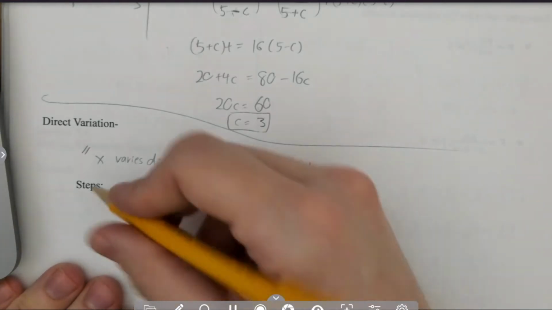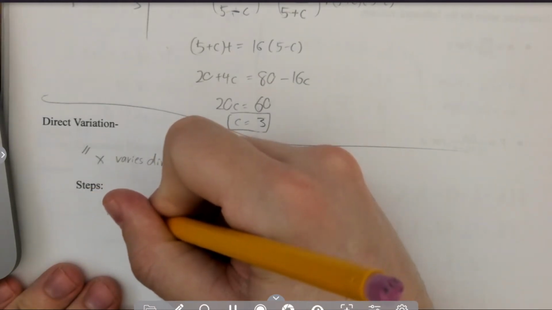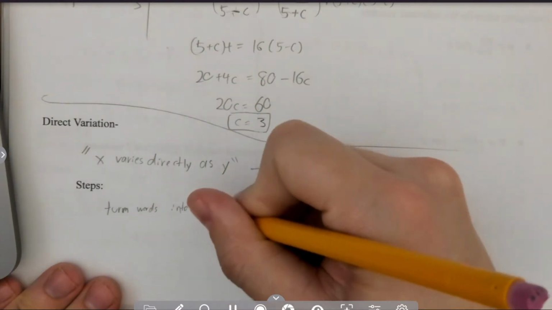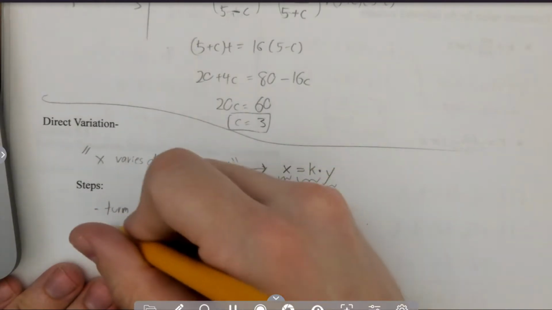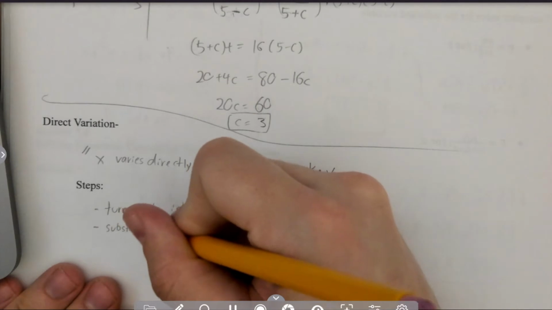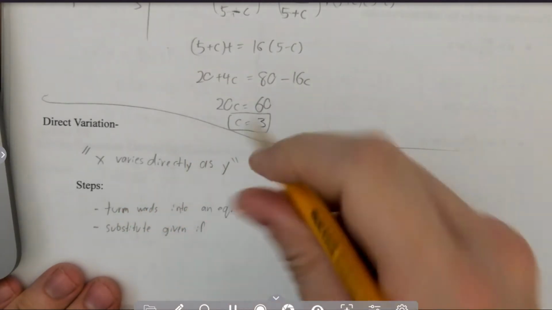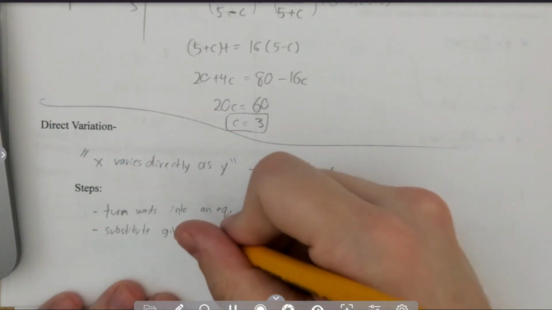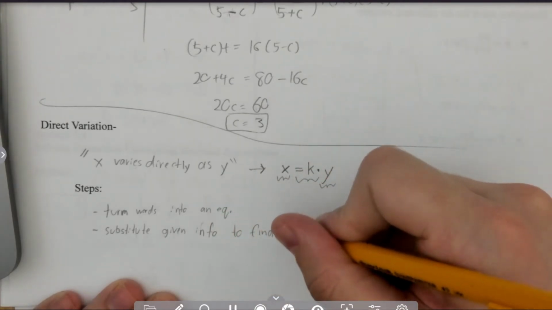So here's what the steps are. First, turn the words into an equation. Then substitute the given info to find k.